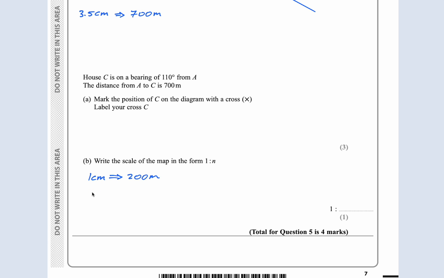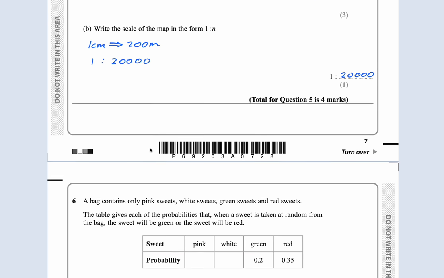Well, 1 meter is 100 centimeters. So 200 meters is 20,000 centimeters. So 1 centimeter here represents 20,000 centimeters in real life. So the scale is 1 to 20,000. Now that's just 200 times 100 is how I got that. Okay, question 6.